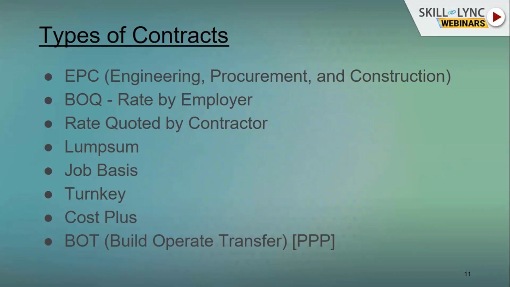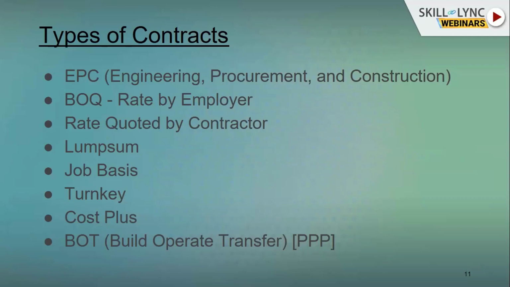We can say that EPC is a part of turnkey, but turnkey cannot be part of EPC, because in turnkey we are not evaluating the engineering part. We are only doing design and build, and in EPC we are doing engineering, procurement, and construction.